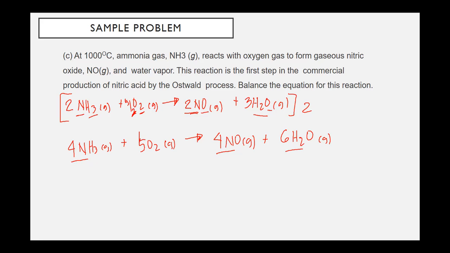So we have here 5 moles of O2, which means we have 10 oxygen atoms. So dito naman, meron tayong 4 O atoms plus 6 O atoms is also equal to 10. So balance. We balanced the equation already.